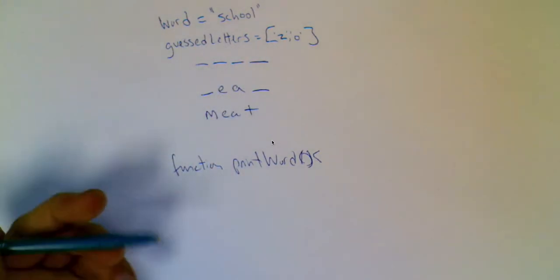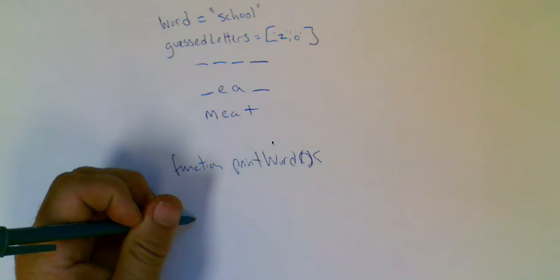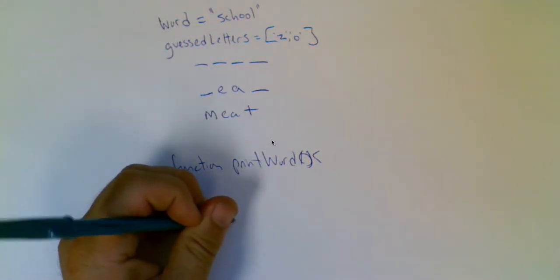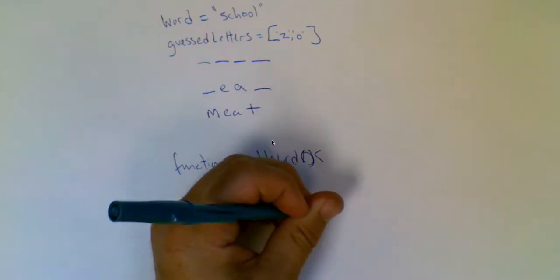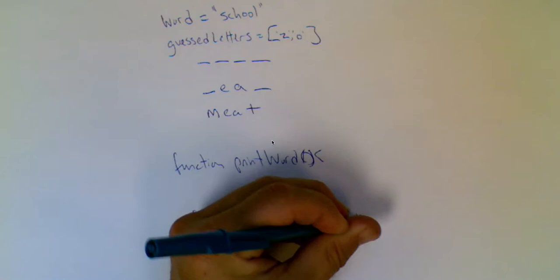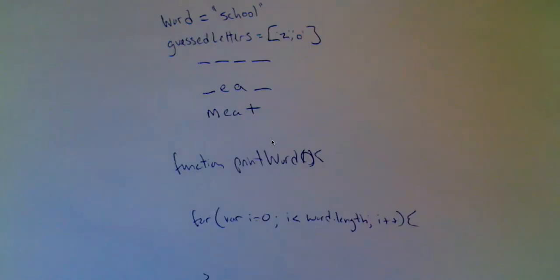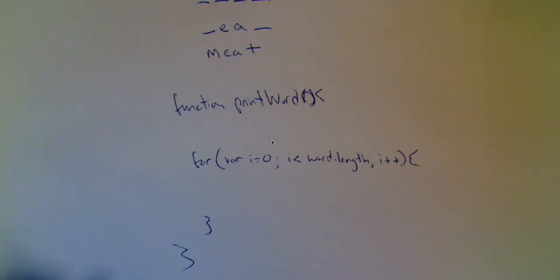So if we need to go through every single letter of something, we're going to have to write a for loop. And we're going to loop over word. Okay, so you notice we're looping over word here.